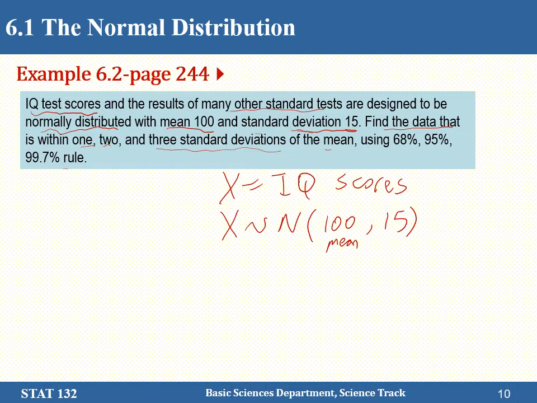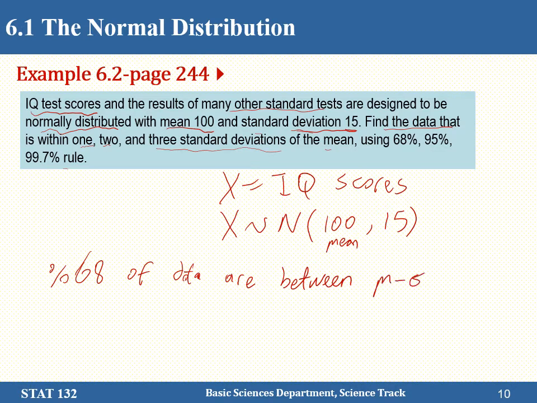So let's remember the rule. The rule says 68% of the data, or the exam scores, are between mu minus sigma and mu plus sigma. So here our sigma is the standard deviation, which is 15. Now mu is 100, so sigma is 15.